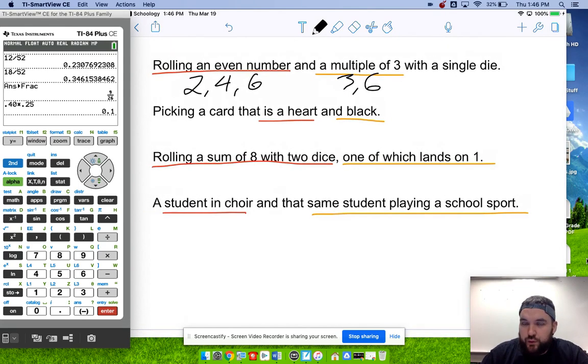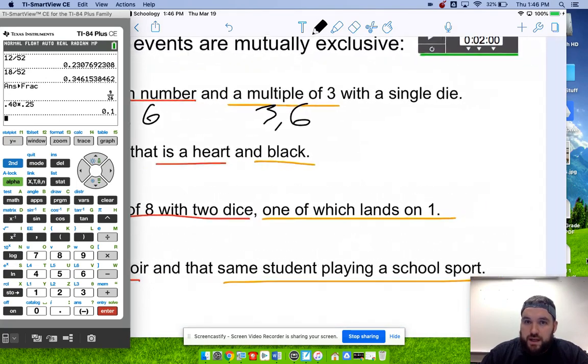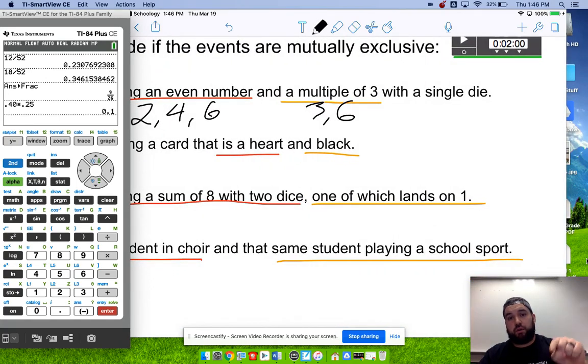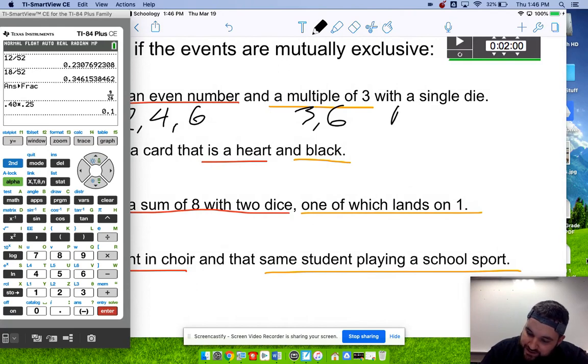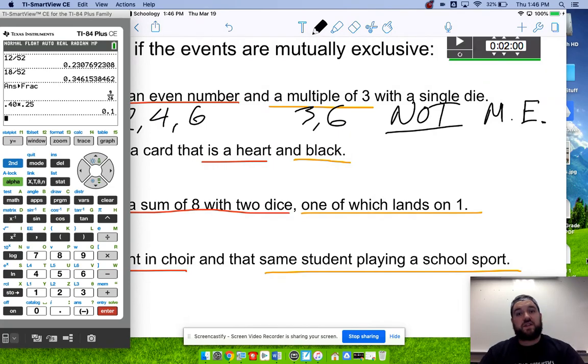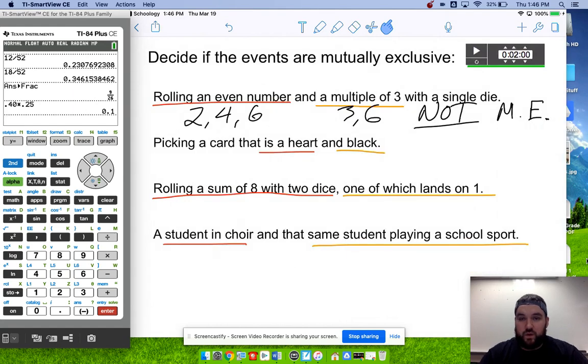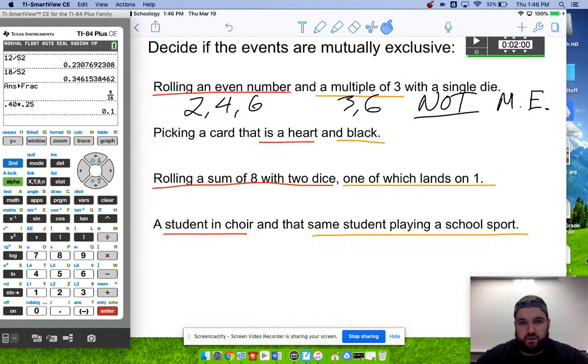Here's what's kind of goofy about the wording of this. Since it is possible for both events to happen, these two are not mutually exclusive. I'm just going to use ME to abbreviate. So if it's possible for both to happen, we say they are not mutually exclusive.